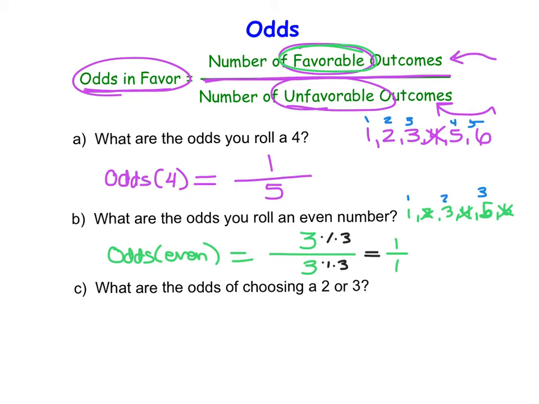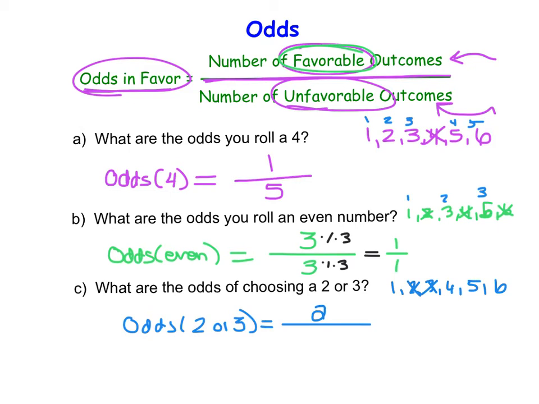And then this last example here, it says, what are the odds of choosing a 2 or a 3? So again, we have favorable in our numerator. If we think about all of the options for rolling our dice, we can see that there are 2, 3, and 2 that are favorable.